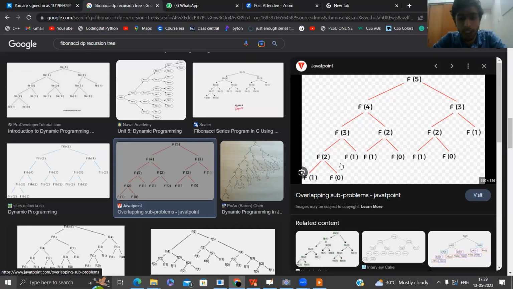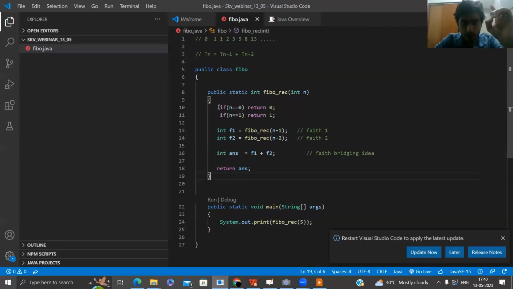The second implication is that it helps you build your answer from the bottom of the stack, because Fibonacci of 1 returns 1, right? If you remember in the code, let me show the code also once to you. Fibonacci of 0, when n is equal to 0, we return 0. When n equals 1, we return 1, right?